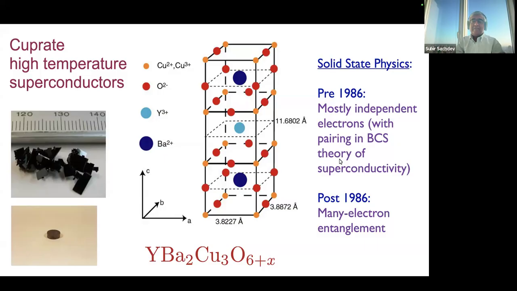But post 1986, the effort has been really to understand the consequences of entanglement, which go well beyond the standard Hartree-Fock style independent pictures. And this has come a long way. We've been working on it for nearly 40 years now, and I'll try to give you a summary of where we are.